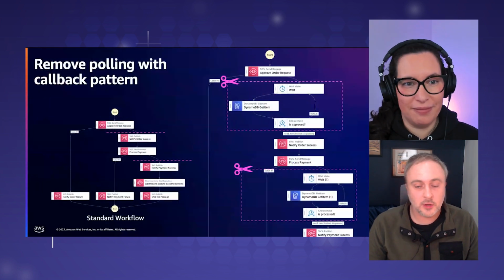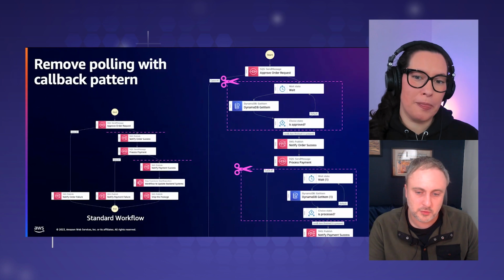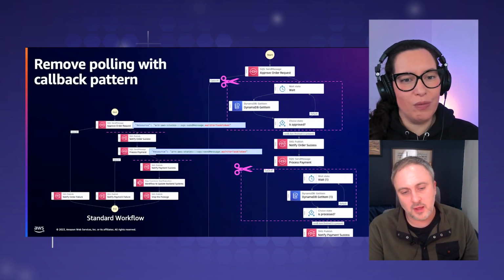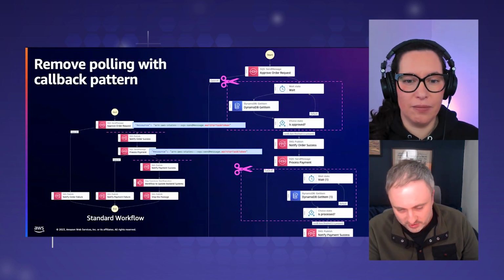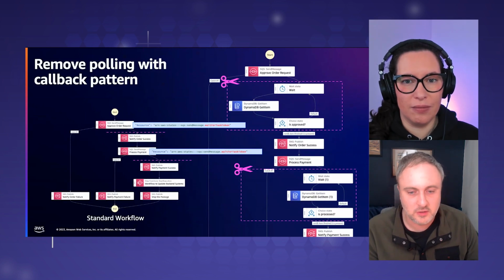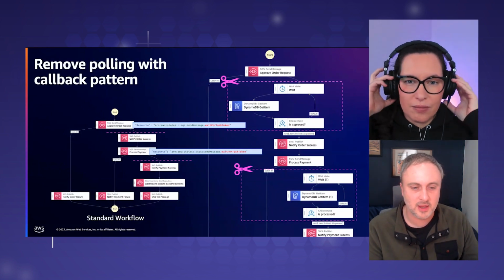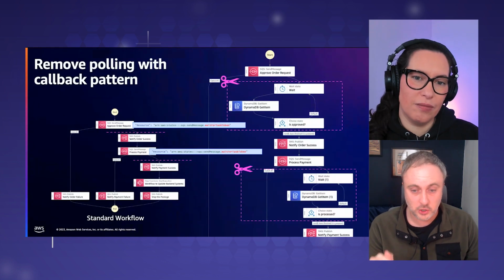So here we show how you can implement that in this example that we've been going through. We'll cut out those 2 polling loops. And on the step before, it's not EventBridge, we haven't had to change our workflow. What we've done is we've added this .waitForTaskToken syntax to the prior step, which is, in both cases, putting something onto an SQS queue.